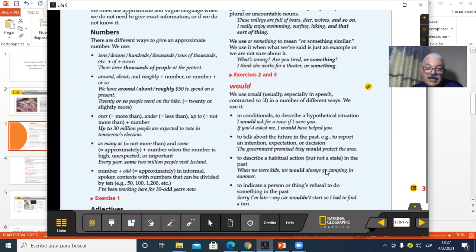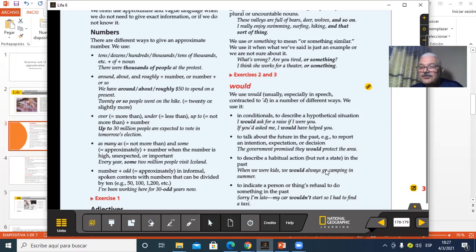For instance, when you say every year some 2 million people visit Iceland, okay, it is just as many as, all right? It's just that amount. Some means, as we said at the beginning, just an approximation.